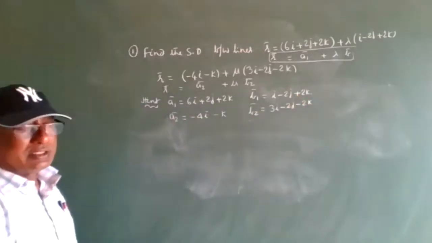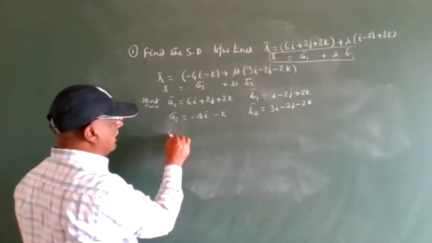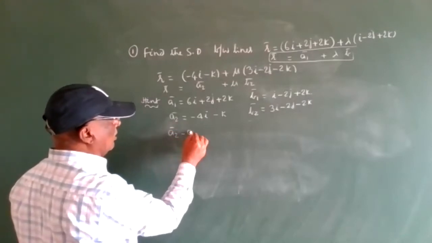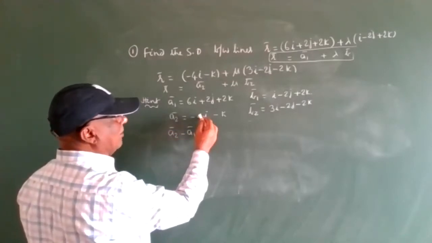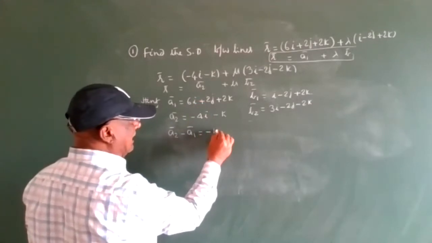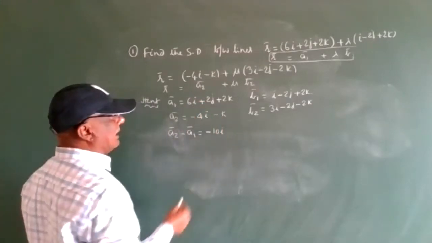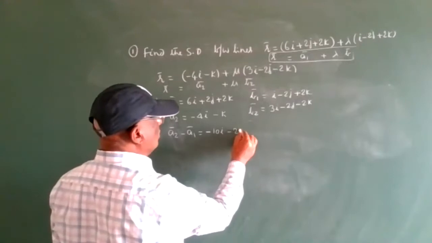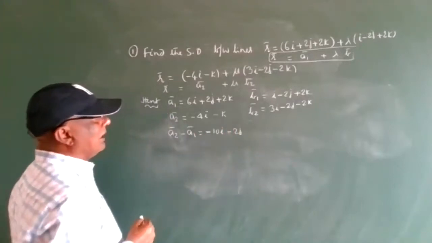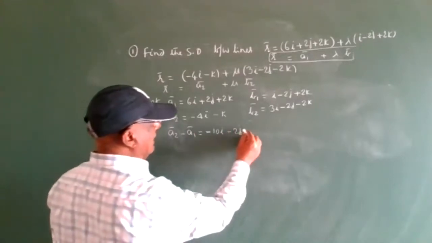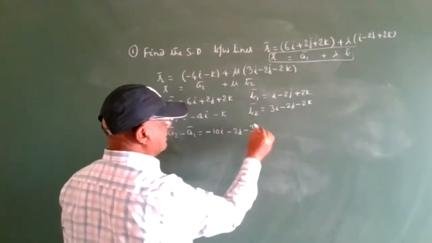Now first find A2 bar minus A1 bar, which is minus 10i minus 2j minus 3k. Is it correct?